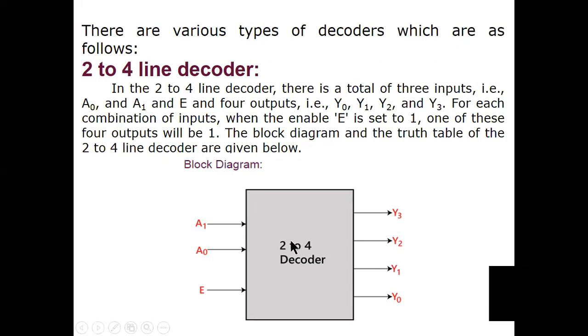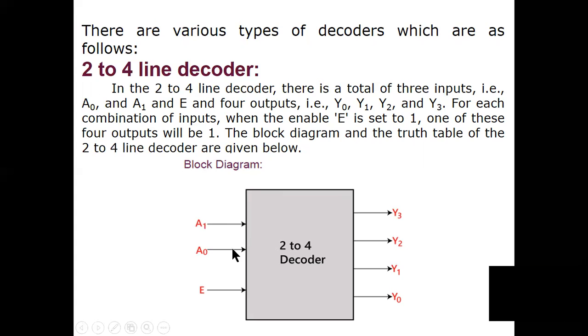So simply, 2 to 4 decoder. In the 2 to 4 line decoder, there are a total of three inputs, that is A0, A1 and E, and four outputs, that is Y0, Y1, Y2 and Y3. Whenever the enable E is set to 1, the decoder will function.